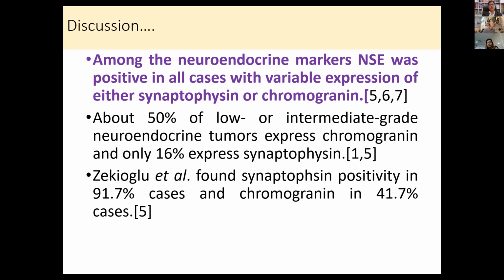Among the neuroendocrine markers, neuron-specific enolase was positive in almost all cases, with variable expression of either synaptophysin or chromogranin. About 50% of low to intermediate grade neuroendocrine tumors express chromogranin, and only 16% express synaptophysin.